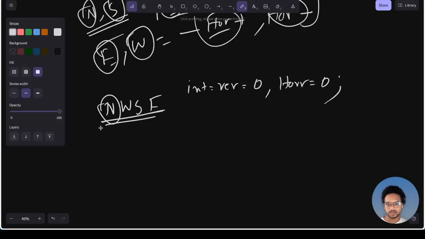If the value is north, we'll increase the value of vertical, so vertical will be 1.